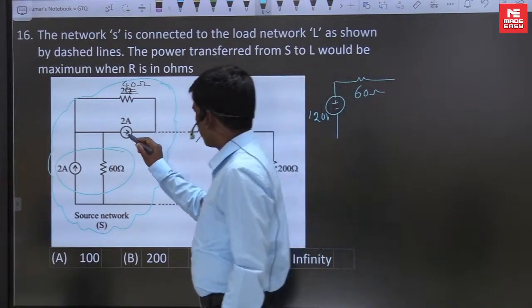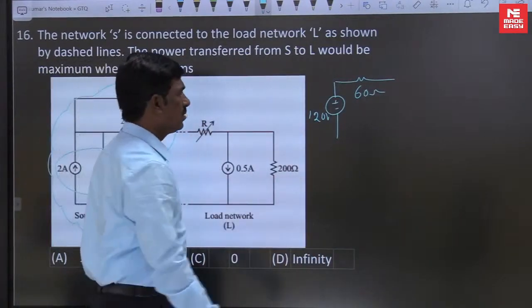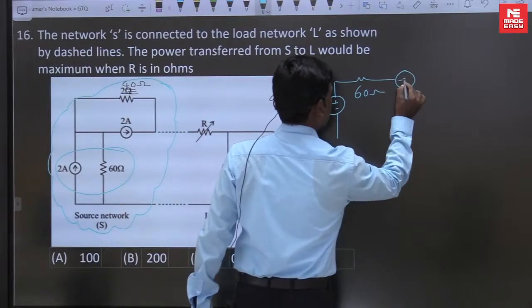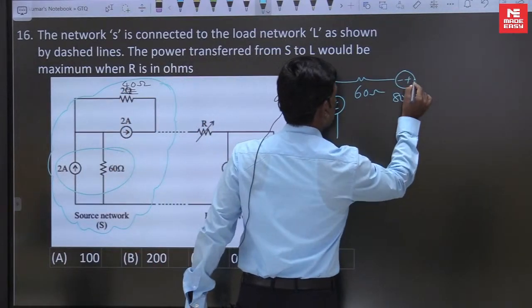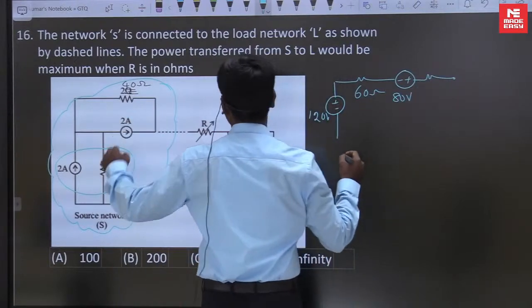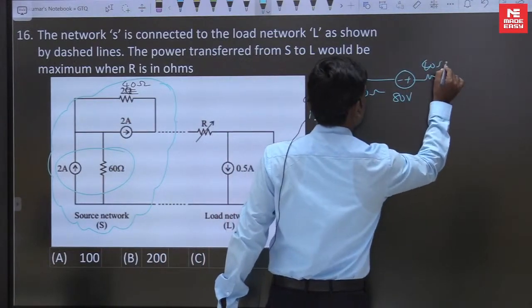This is also replaced with 2 amperes and 40 ohms. Here minus plus, same direction. 2 into 40 is 80 volts, in series with 40 ohms.